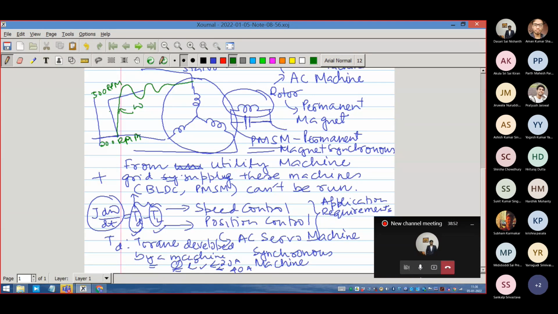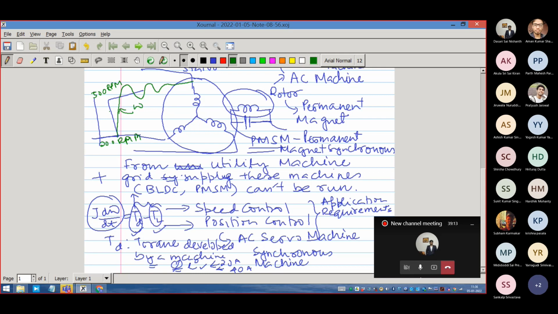What is speed? Speed is a second, mechanical matter. Speed is decided by J d omega by dt equal to Td minus TL, right? If I just say the machine is now running at 10 Newton meter torque, this doesn't automatically give me information about the speed.